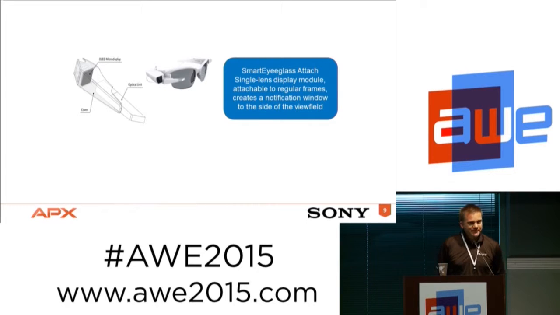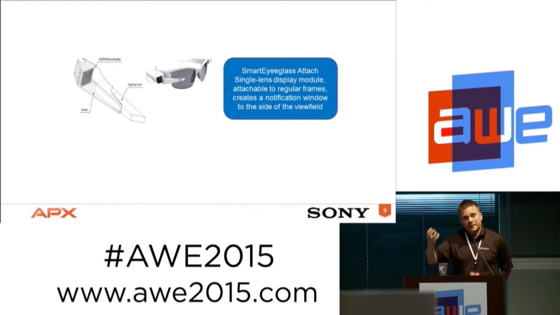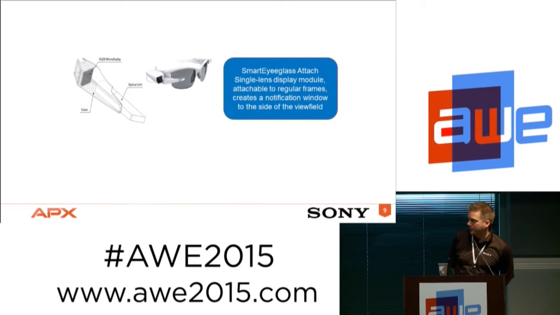We call it the developer edition, and it sells for $840. You can buy them online. These other ones are not for sale yet. As you can hear from the name, they're built to attach to a pair of regular glasses or sunglasses, or we envision in the future that they will be built into other glasses.